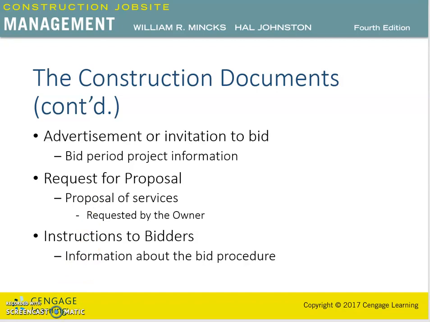Then the next item is the instructions to bidders. As the name shows, these are instructions for prospective bidders who want to apply for the project. This type of instruction is normally standard. For example, some standard forms are used for the provision of these instructions.